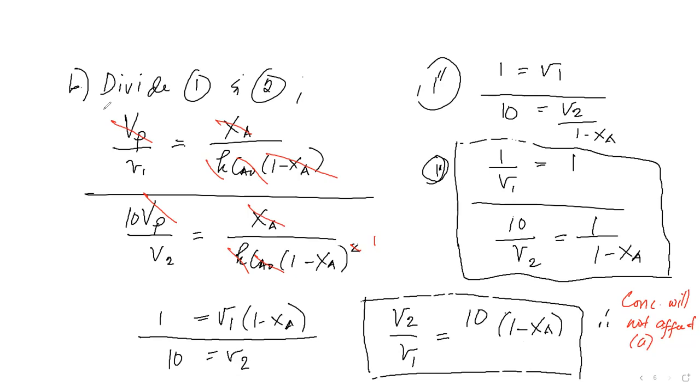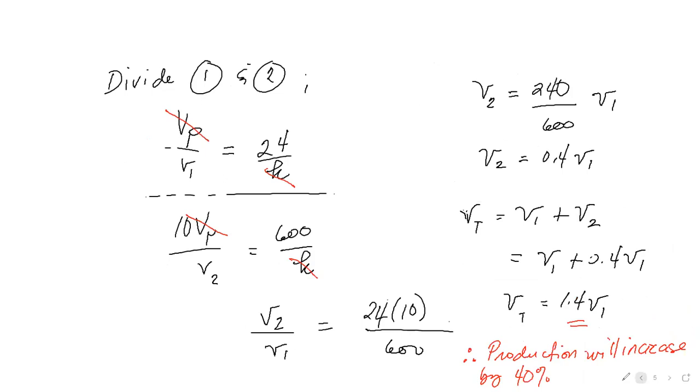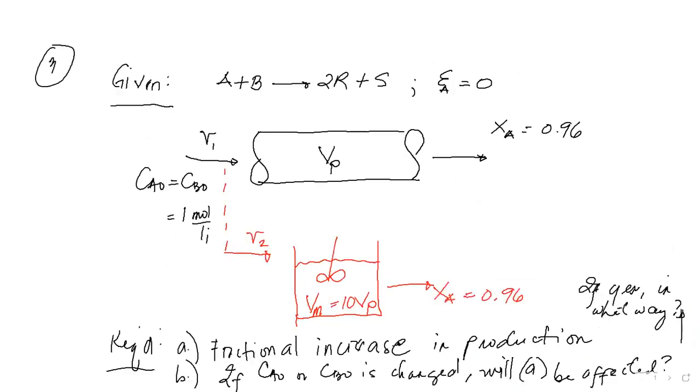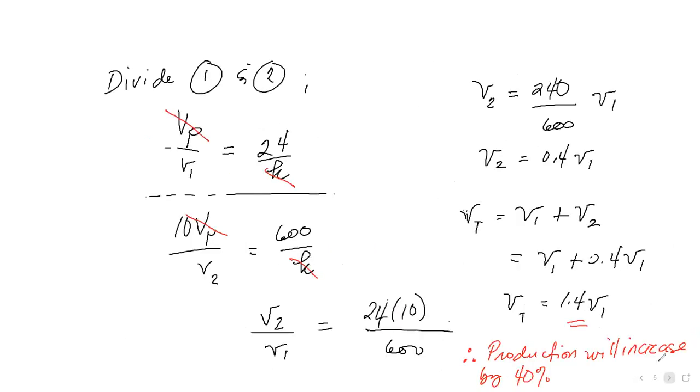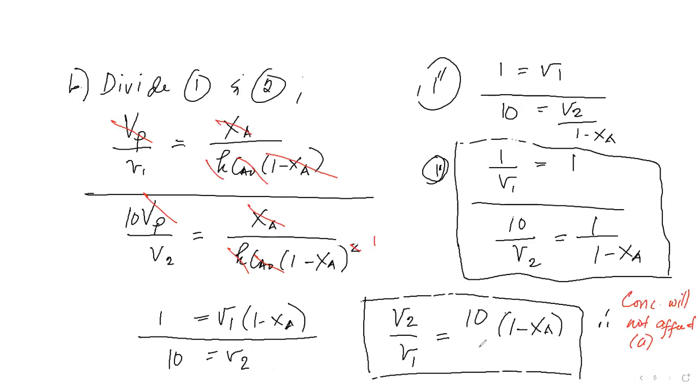So that would be our answer for letter B, in the scenario that you have CaO or CbO changed. Even if we change the initial concentration of any of the species A and B, your answer in A will not be affected because your expression does not contain CaO or CbO on the right side.